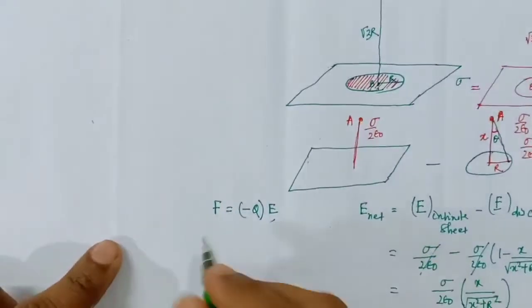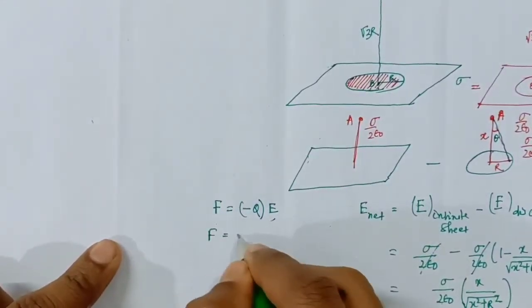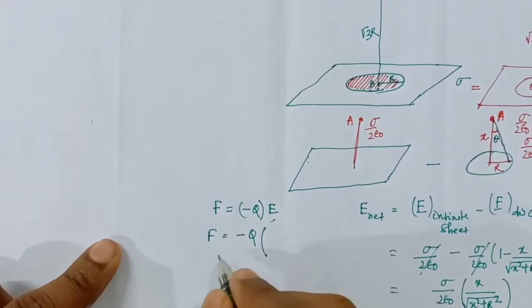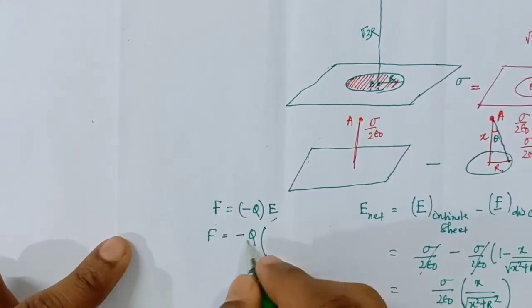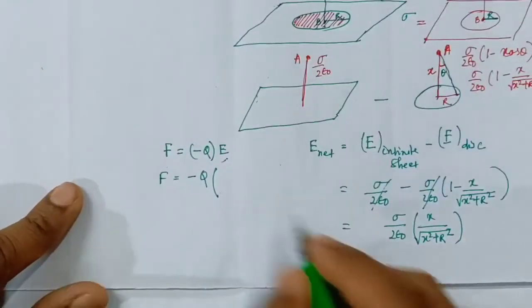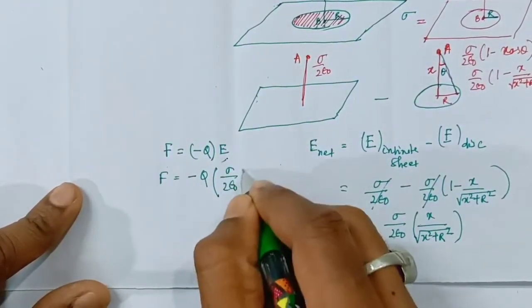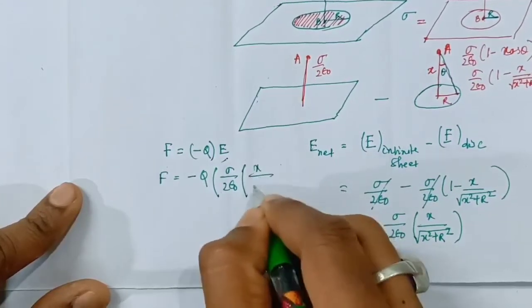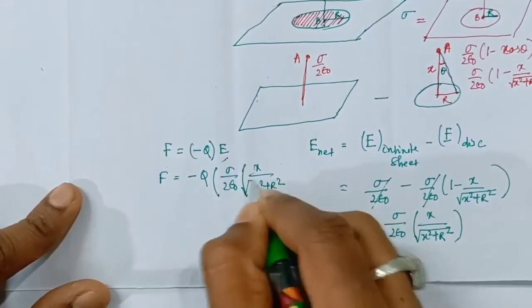So F equals minus Q times the electric field at this point, which is sigma by 2 epsilon naught x upon root over of x square plus r square.